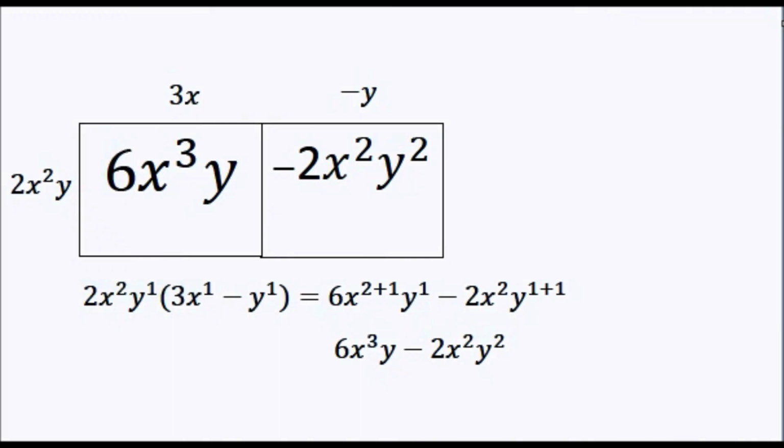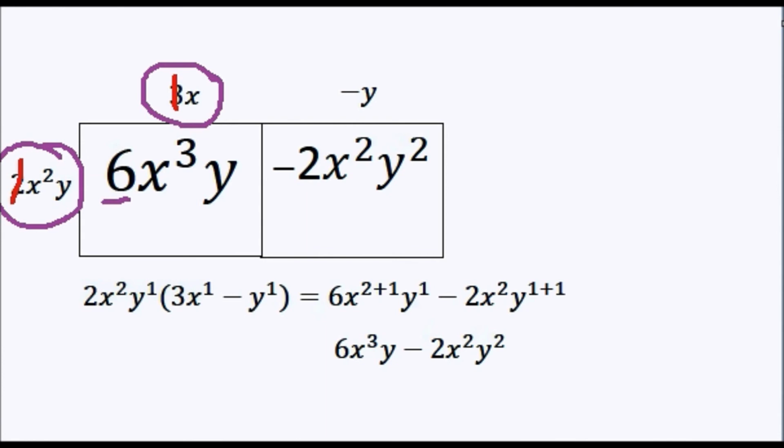To multiply these polynomials, you need to remember, when multiplying the same base, add the exponents. So when multiplying this monomial times this term, you get 2 times 3, which is 6. So we're done with the coefficients.